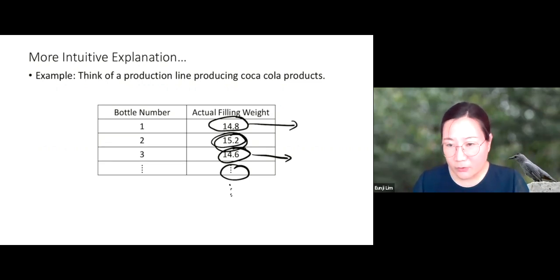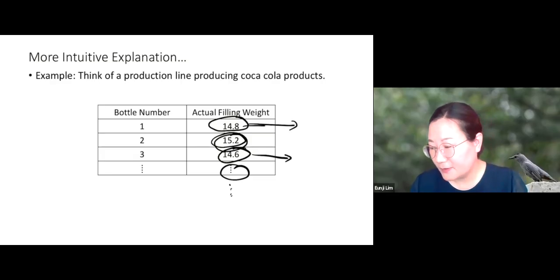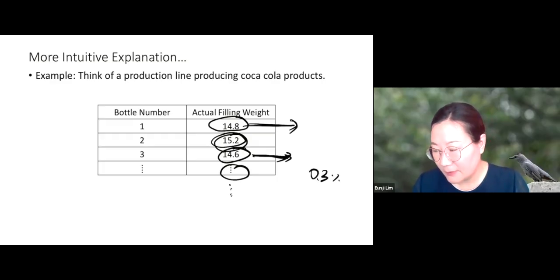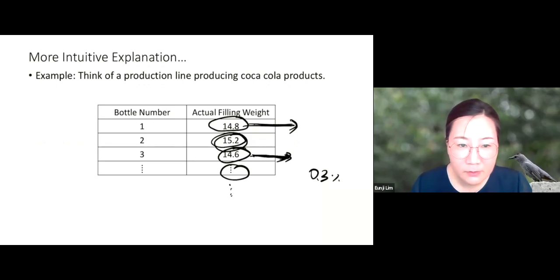So it's possible that you select some of the underfilled bottles accidentally. In that case, the sample mean can be lower than the lower limit, so you must conclude that the process is out of control. And what the theory says is that it happens 0.3% of the time. In 0.3% of the time, you accidentally select underfilled bottles.